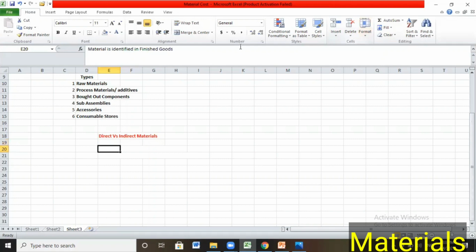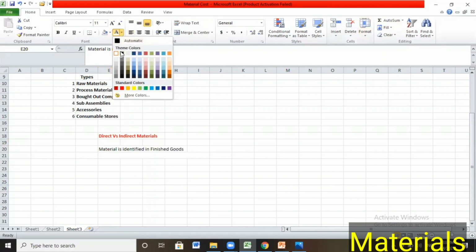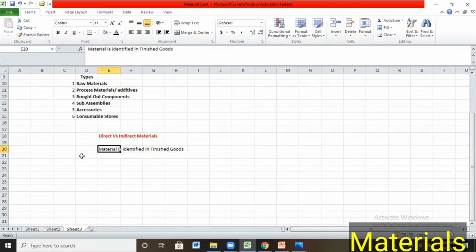What does it mean? It means that in case of direct material, the material is identified in the finished goods. We can easily understand what sort of material is used. Suppose we are manufacturing sugar, the basic raw material is sugarcane, we are able to understand that concept.